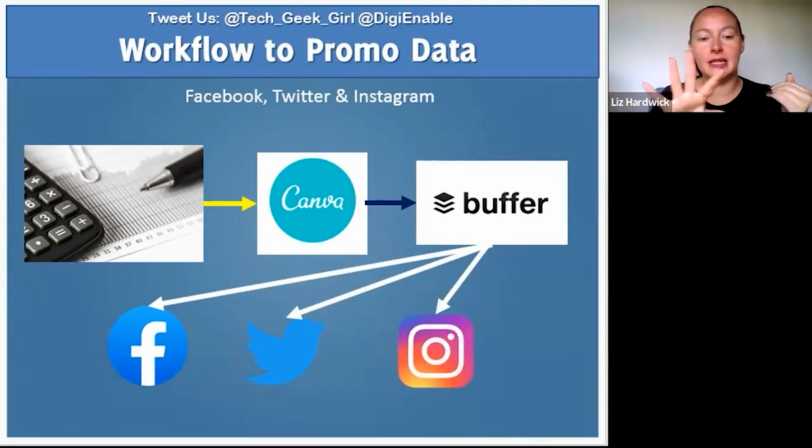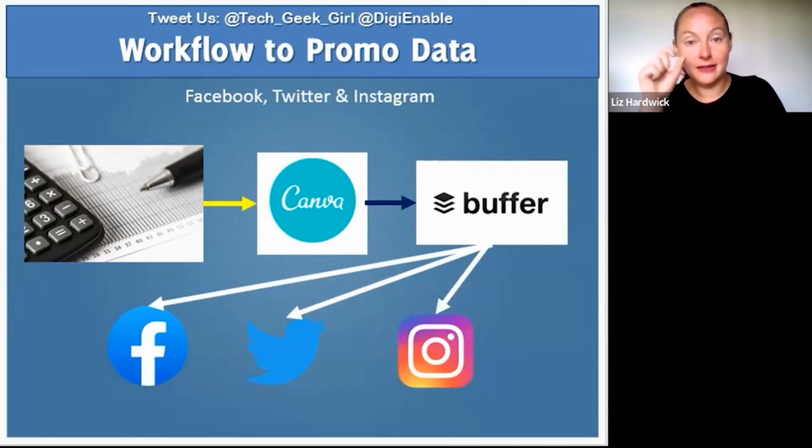And then you can see that that black bit is the integration. That's where the two talk to each other. And then Buffer is automating, in its simplest format, maybe scheduling on a basis. So remember, we just looked at that trigger. If this, then that. If delay, if we have something in the queue, delay until we post. So we schedule Facebook, Twitter, Instagram to go out at different times.